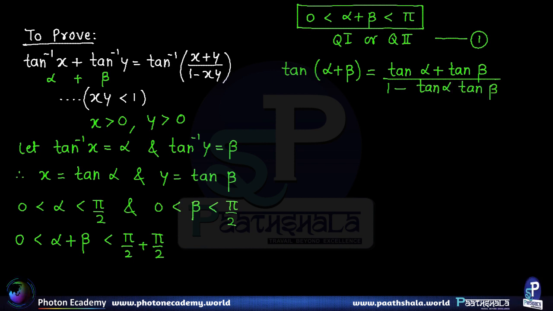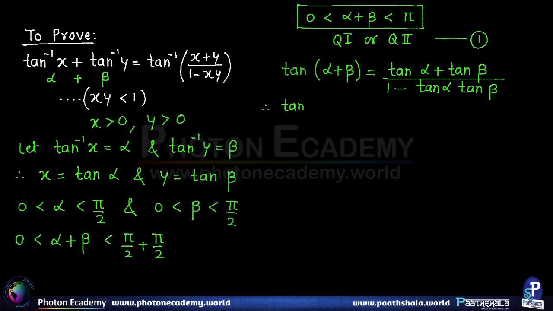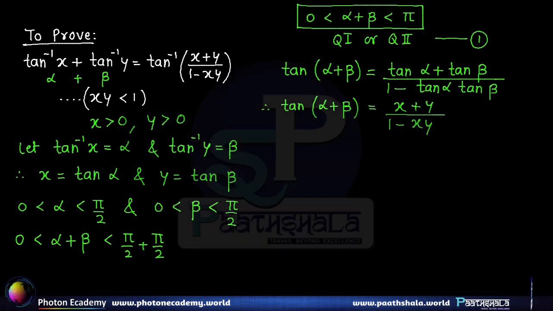This is an identity, so it is true no matter what the values of alpha and beta are. Therefore tan of alpha plus beta is equal to, tan alpha is nothing but x and tan beta is nothing but y, so we write it as (x plus y) upon (1 minus xy).